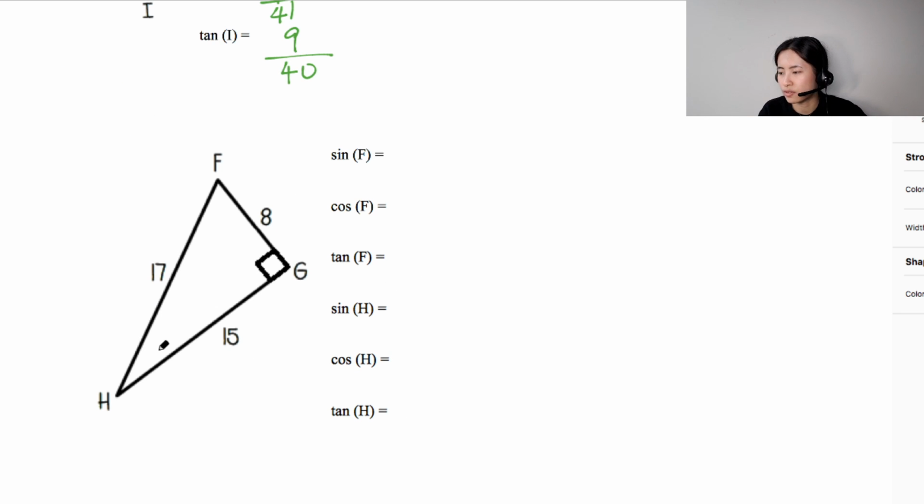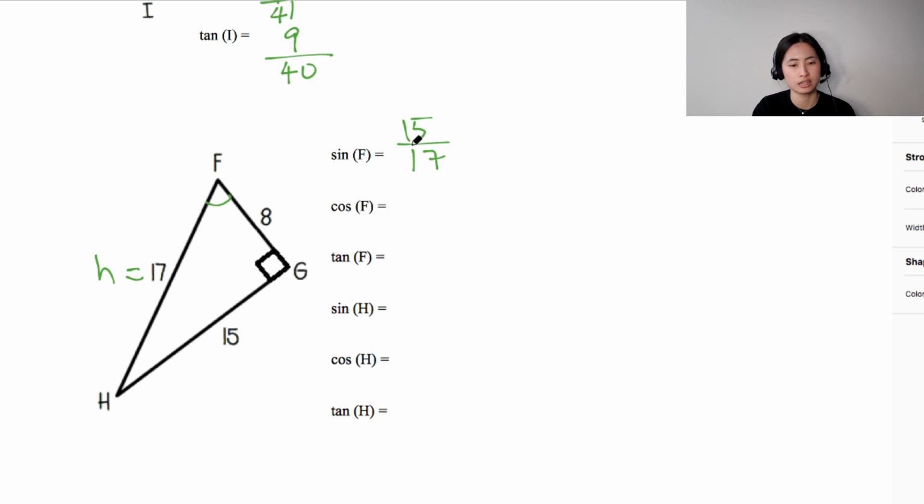So now if we have this triangle over here, right off the bat, we can see that our hypotenuse is actually 17. So if you have sine f, that means opposite of f would be 15. So that's 15 opposite over hypotenuse, which is 17.